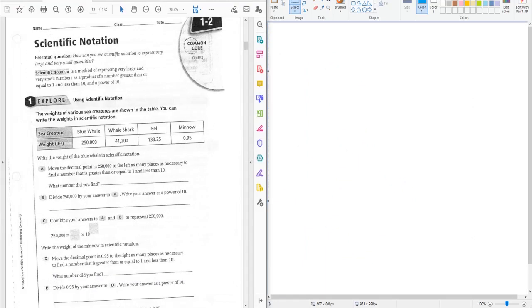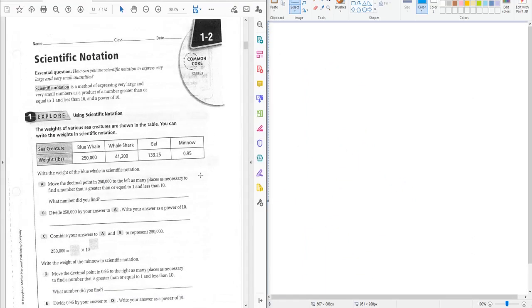So now that we have that out of the way, I'm going to go over scientific notation. Scientific notation is a mathematician's way of writing either really, really big or really, really small numbers. Okay?